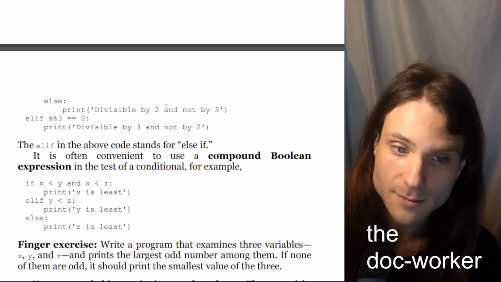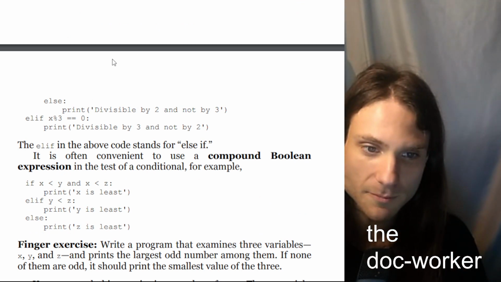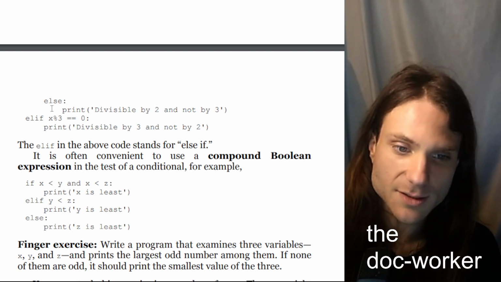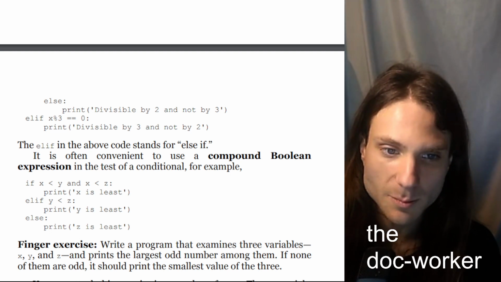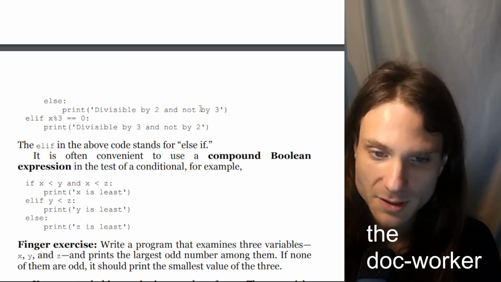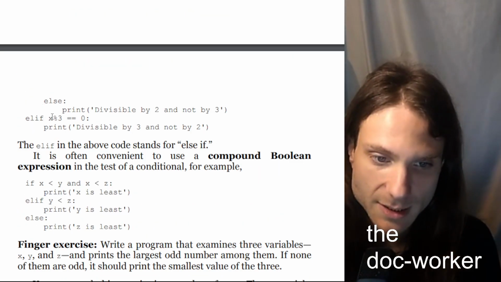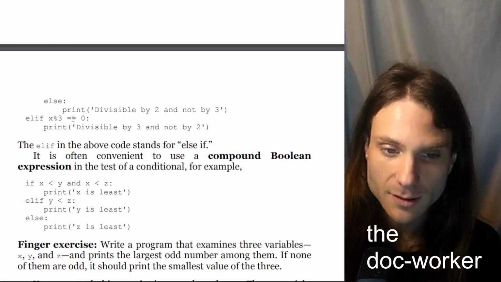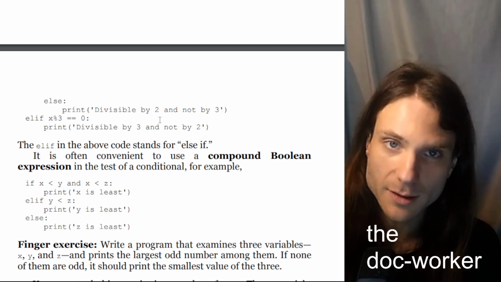Or else, print divisible by 2 and not by 3. You see by the indentation of where it's aligned that this runs if the first check is passed, but if the inner check isn't passed, else print divisible by 2 and not by 3. Else if x modulo 3 is equal to 0, print divisible by 3 and not by 2.